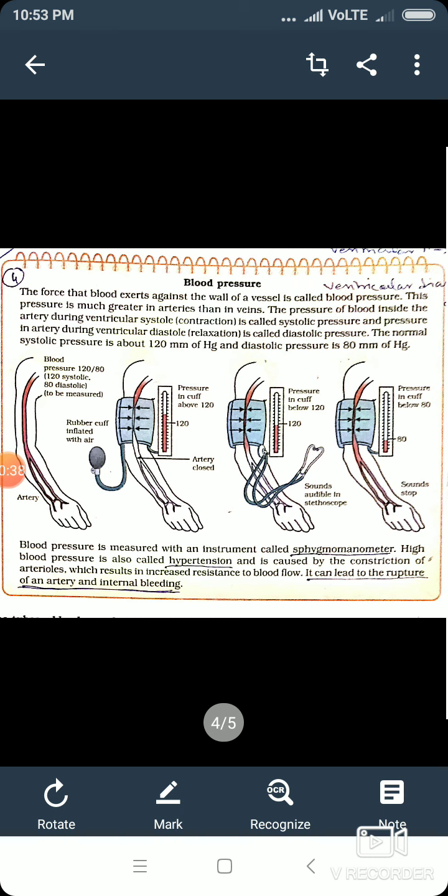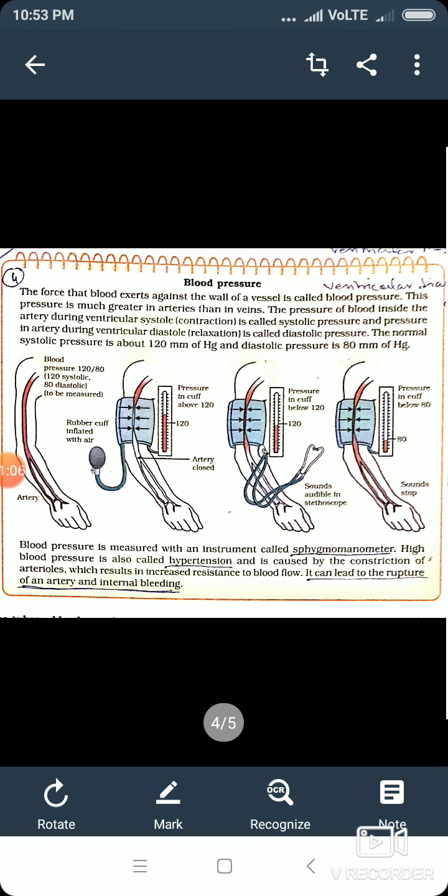The normal systolic pressure is about 120 mm of Hg. Hg means mercury. And the diastolic pressure is 80 mm of Hg. The blood pressure is measured with an instrument called sphygmomanometer.